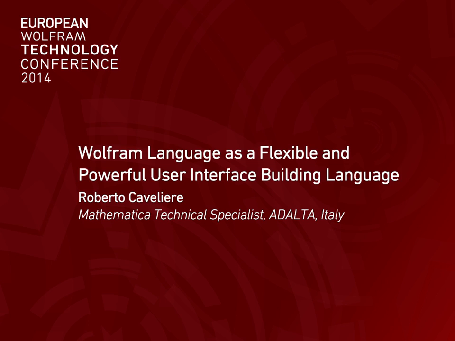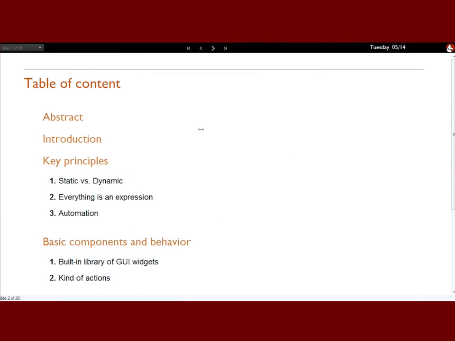So just a little check on the table of contents. What I want to show is a first part with the key principles, and it's something common to all Mathematica aspects, and I would like in particular to focus on what's dynamic.